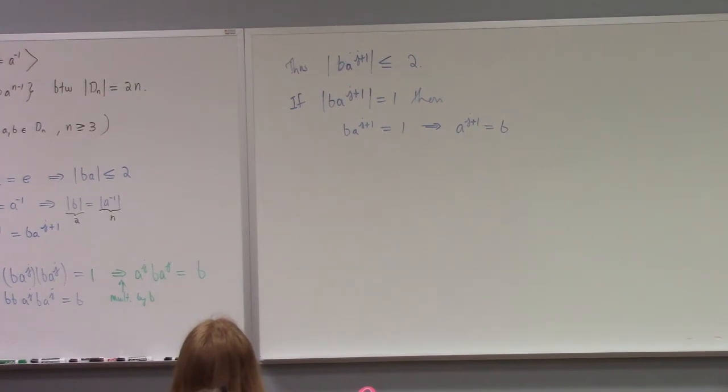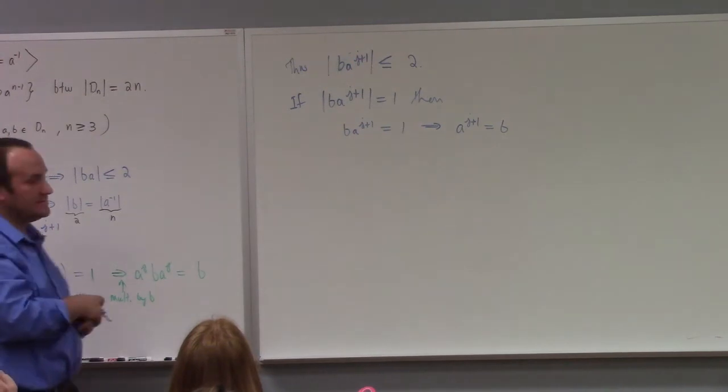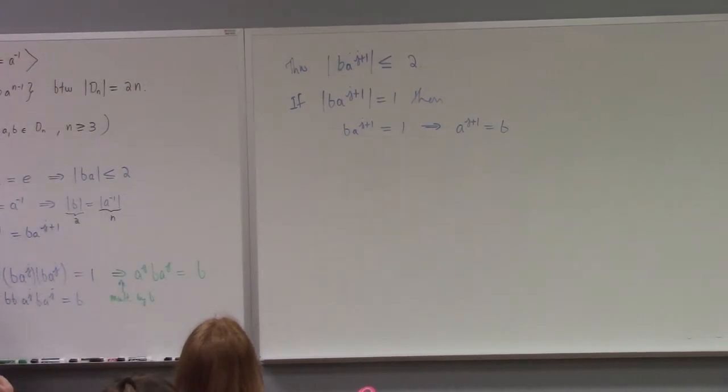And at this point, I need a result from later in the cyclic group lecture. Actually, to understand the order, what is A to the J plus 1? It has an order which has to be a divisor of n.